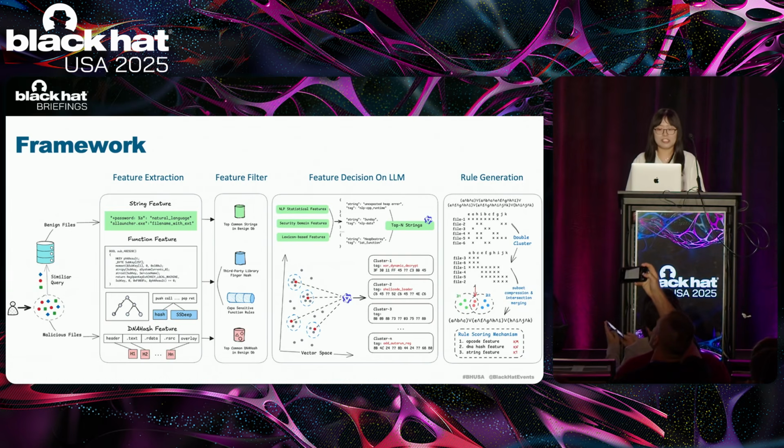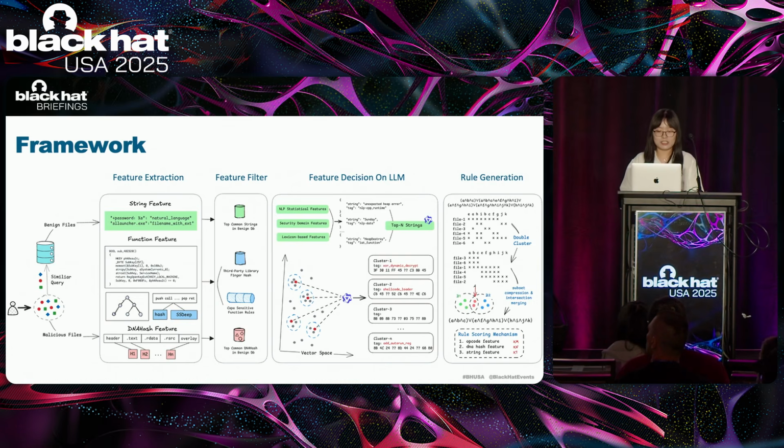As shown in the picture, the feature extraction model extracts 3 types of features: string, function, and field DNAHash features. Then the filter model uses a pre-collected benign sample database to filter string and DNAHash features, and identifies third-party or sensitive code to filter function features.